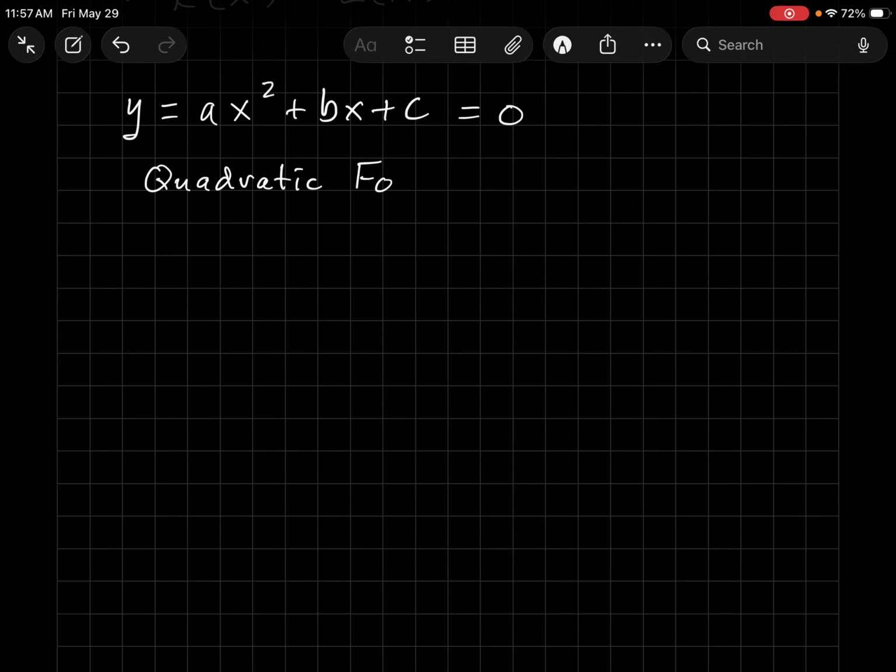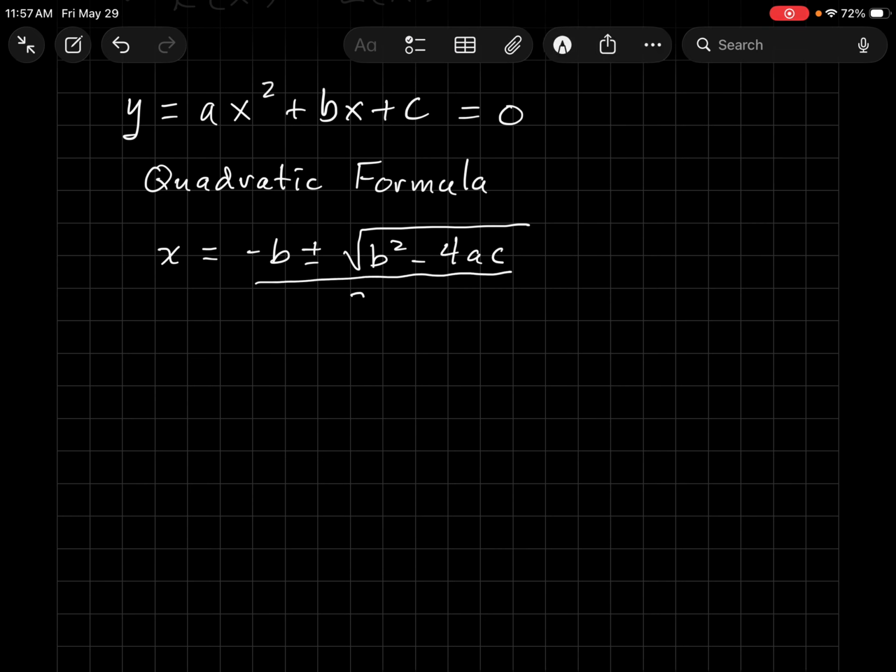This and many things in the next few videos I expect will be second nature to you, or at least you have seen these things before. The quadratic formula says my quadratic equals 0 when x is negative b plus or minus the square root of b squared minus 4ac, all over 2a.